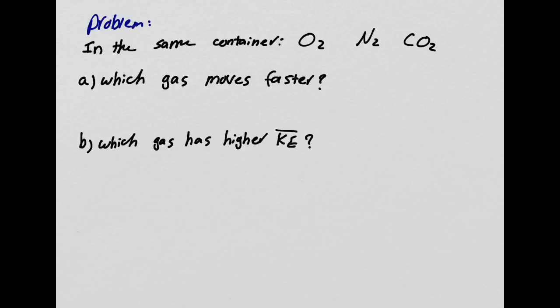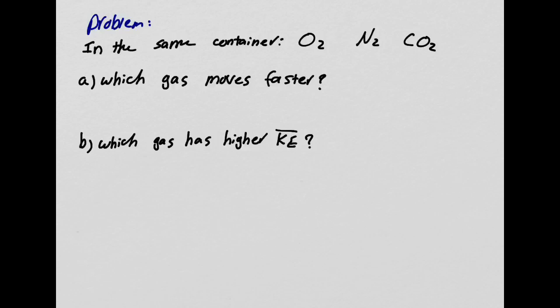You have in the same container O2, N2, and CO2. Which gas moves faster? What do you guys think? Remember what we talked about? Half mv squared, right? When you are a lighter atom, you can move faster.